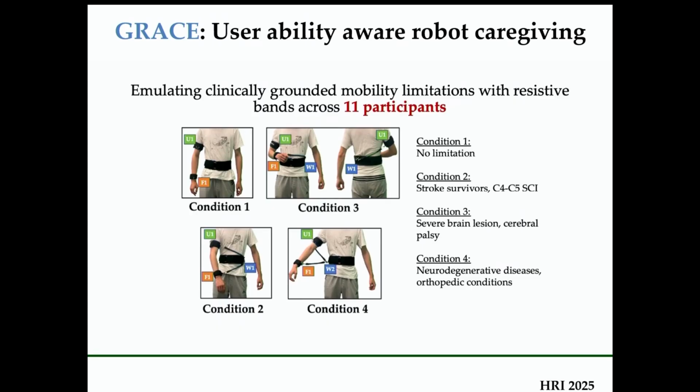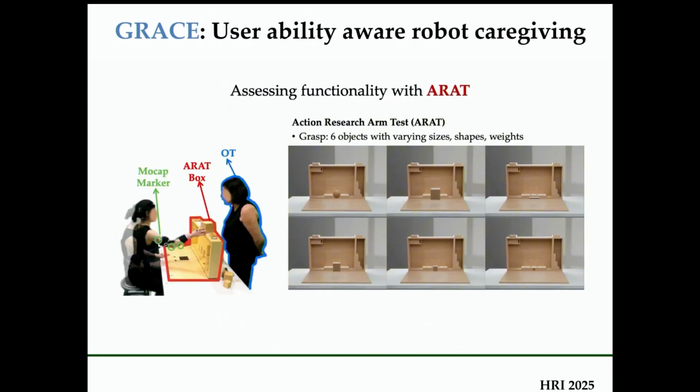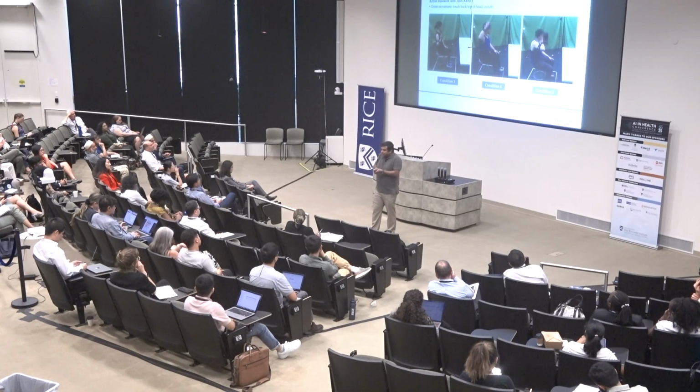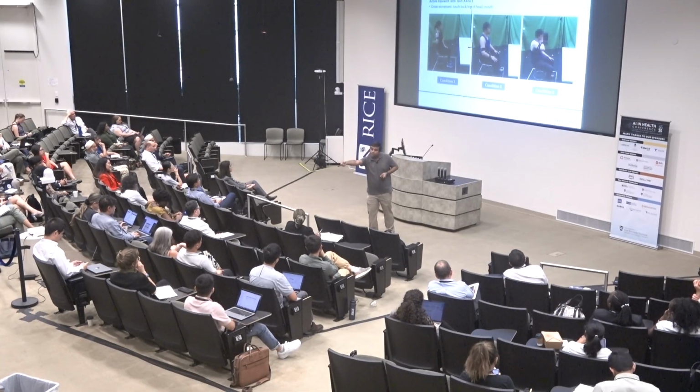So let's say I have this laser pointer, and I'm trying to do a handover task with somebody. Now, if I have an idea of where the person can move, the robot gives minimal assistance so that the person is encouraged to move more to be able to capture it.